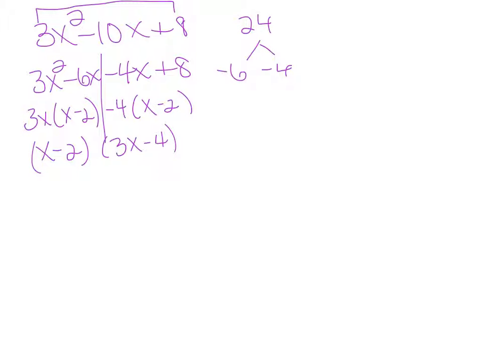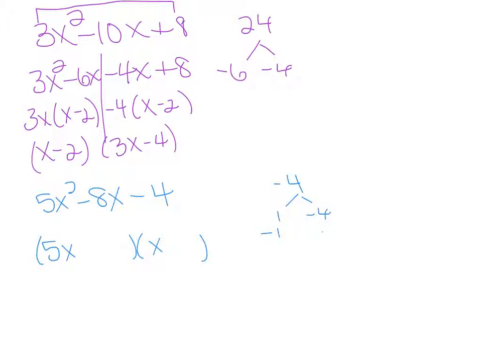My next example is 5x squared minus 8x minus 4. Again, if I use the guess and check method, 5x squared, so I know it's going to be 5x and x. Now for negative 4, my factors are 1 and negative 4, negative 1 and 4, 2 and negative 2. If I go plus 1 minus 4, negative 20 plus 1 is not going to work.